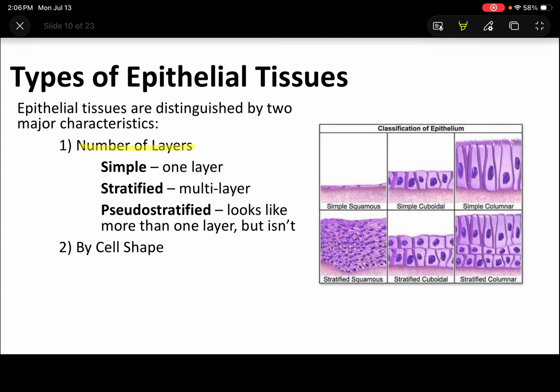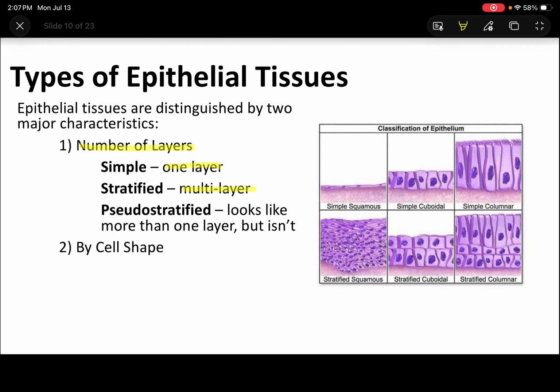Stratified is multi-layer, so you have multiple cells stacked on top of each other. Pseudostratified is actually kind of an interesting in-between. Pseudostratified will sometimes look like there's more than one layer, but there isn't. Sometimes you have cells that are oddly shaped, and it can look like there is more than one layer, but there isn't.